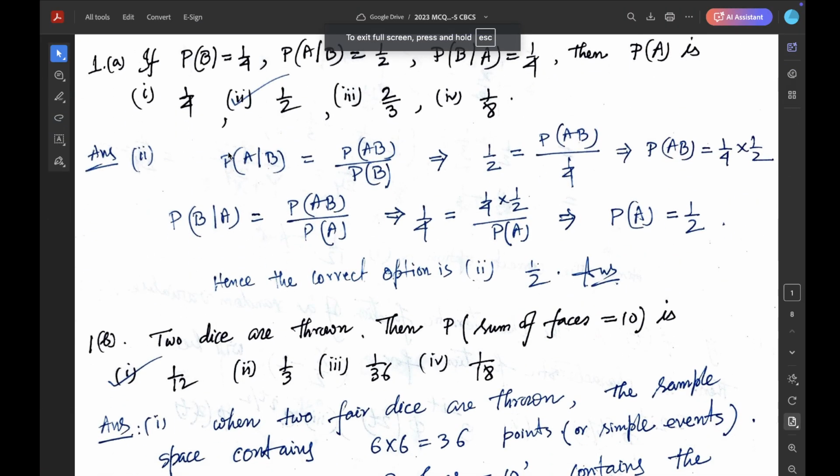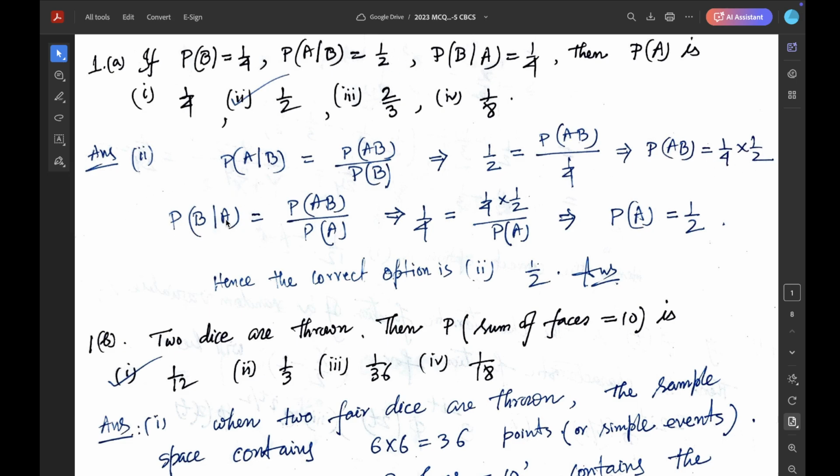Now the conditional probability A by B equal to probability AB by probability B. This implies probability A by B is half and probability B is 1 by 4. So probability AB equal to 1 by 4 into 1 by 2.